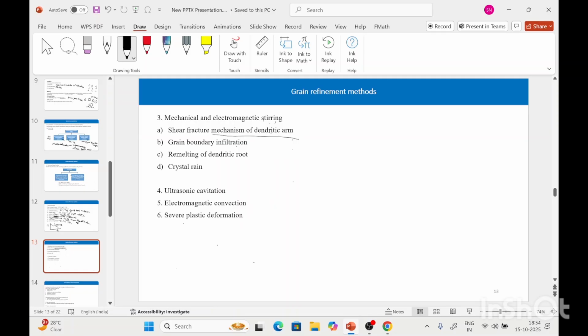At the grain boundary and the dendritic or solidified aluminum, some energy shift occurs, meaning the solid surface energy and solid-liquid surface energy change at that point, and that will result in more nuclei generation.